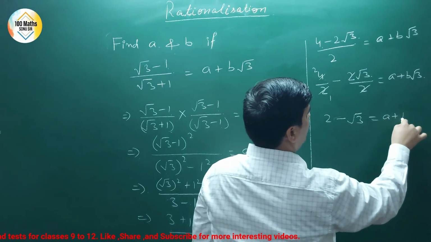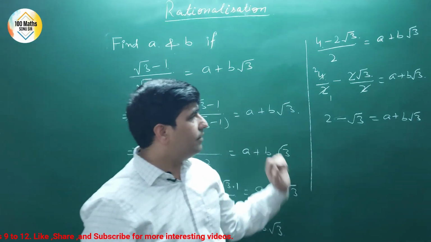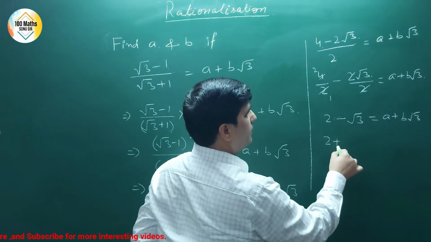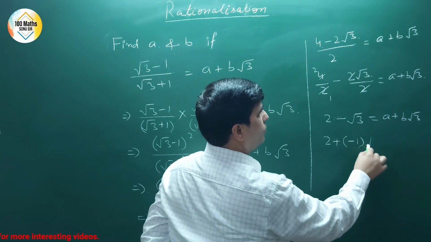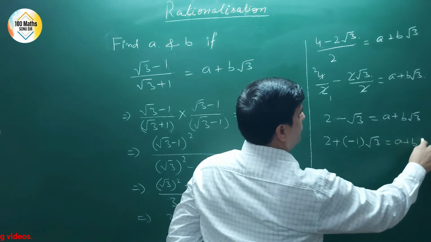Fine, and because the plus sign is coming here, we can generate a plus sign here also by writing minus 1 root 3. This is equal to a plus b root 3.